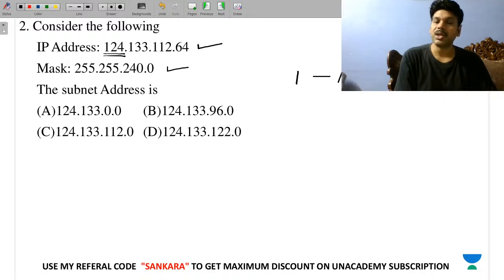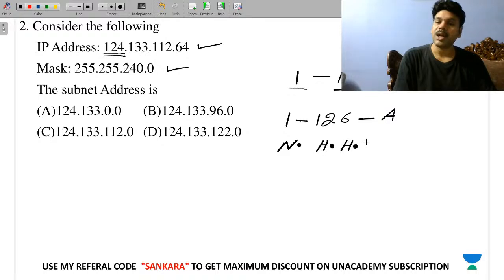Because class A covers 1 to 126 in the first octet. As this is a class A, immediately you notice that the class A representation is N.H.H.H, network and three host octets.